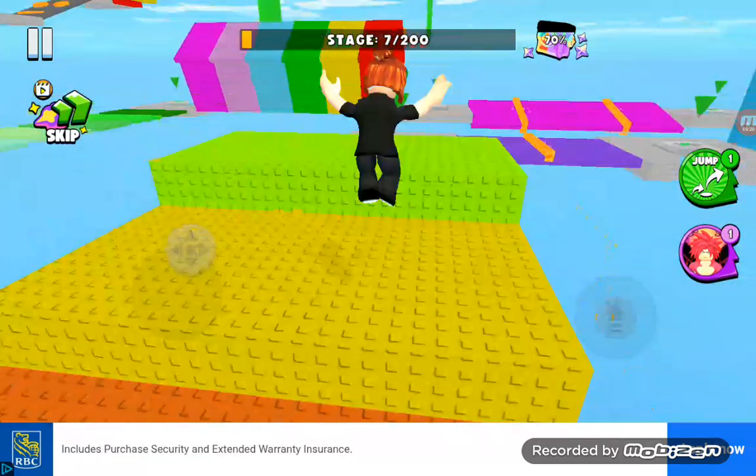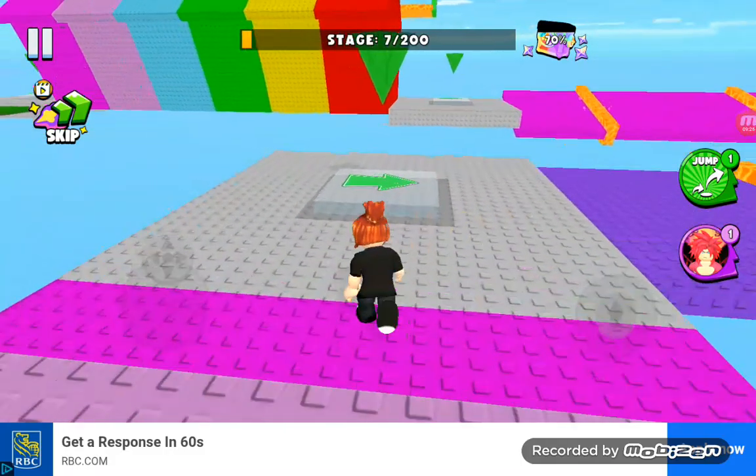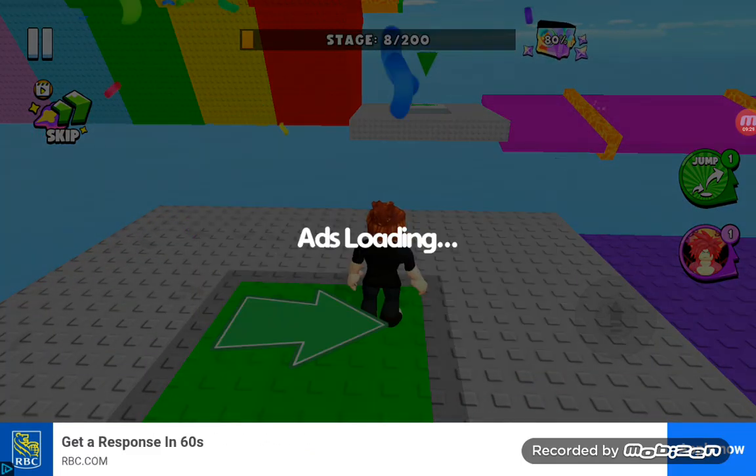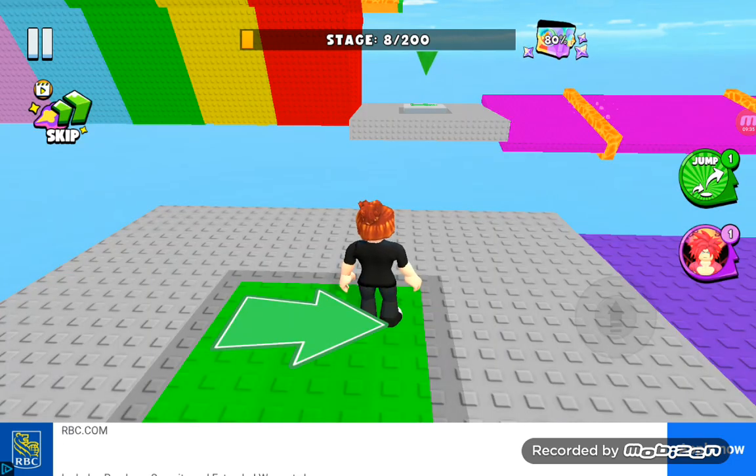The next app we're going to be talking about is Talking Patrick. The next lost media game we're going to be talking about is Talking Patrick.